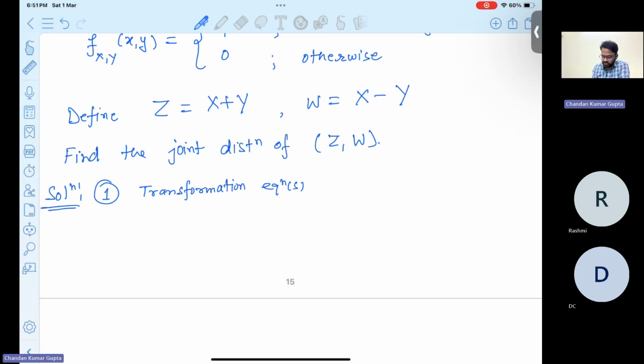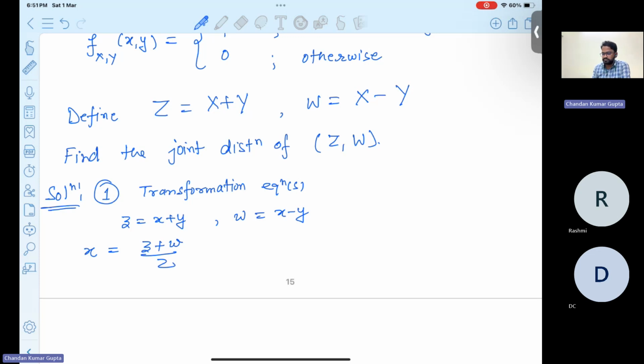Using lowercase, z equals x plus y and w equals x minus y. If you add these two, you will find x is nothing but z plus w by 2.